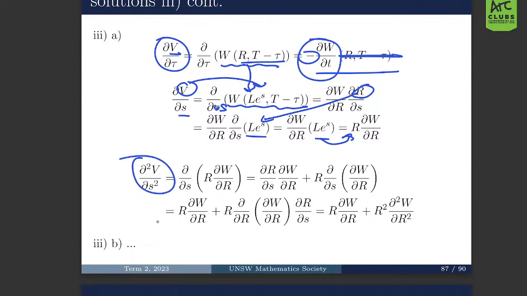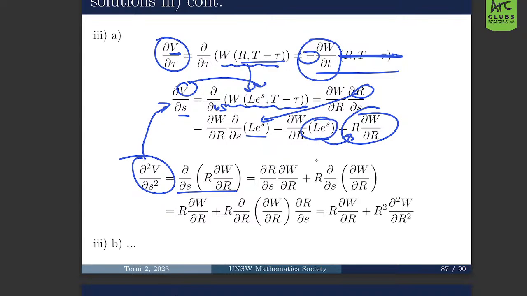And secondly, we want the second derivative of V with respect to S. So same thing. Second derivative of the expression above just means differentiating this thing again. That's what I wrote over here. And again, we use chain rule. So we bring out the R because, again, R is really just this thing over here.